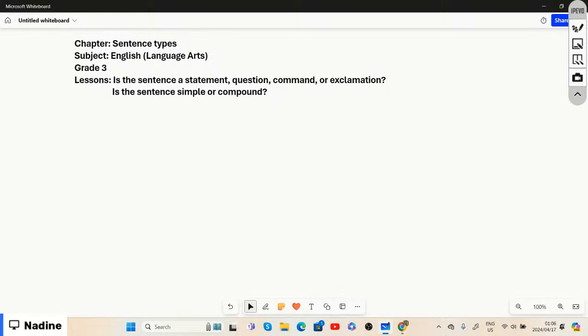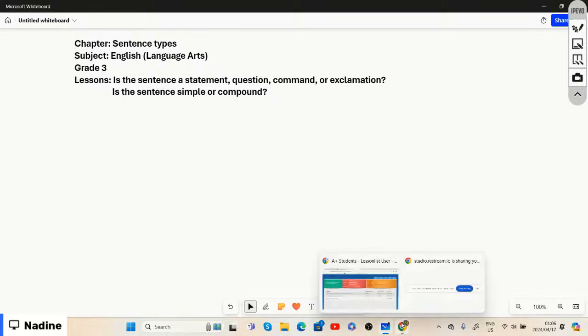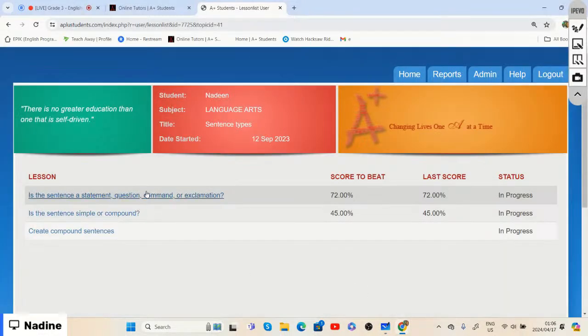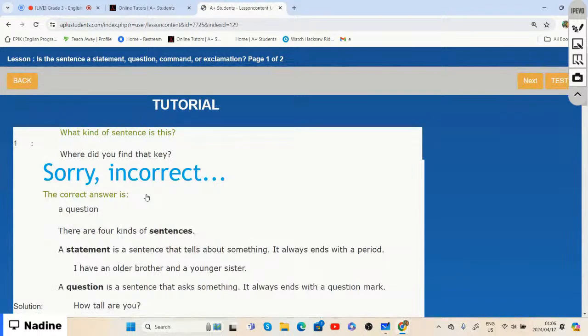All right. So that is basically sentence types, right? We're going to identify what a statement is, what a question is, what a command is, and what an exclamation is.